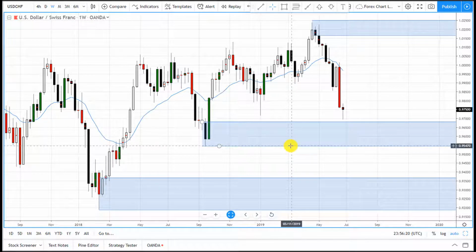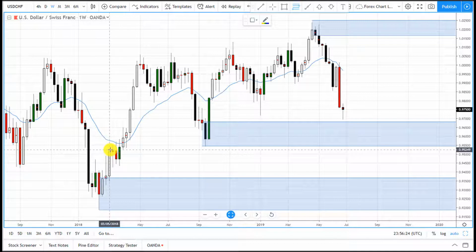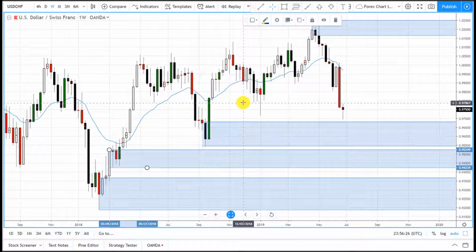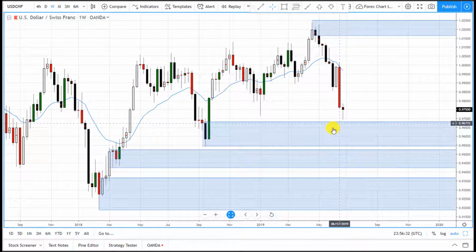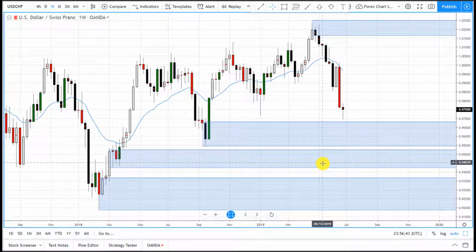Let's say I drew it like this. Well, if price gets down here, we don't want to short anymore anyway. We're waiting for price to react to this zone and go up. Even if price doesn't react and continues to go lower, we're still not going to go short, we're going to go long.